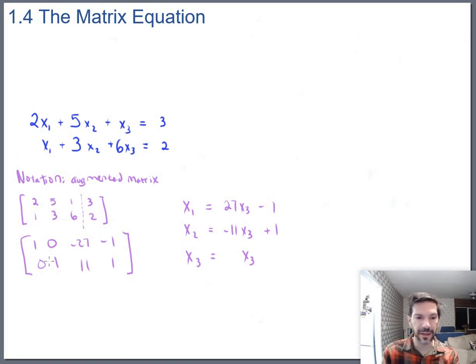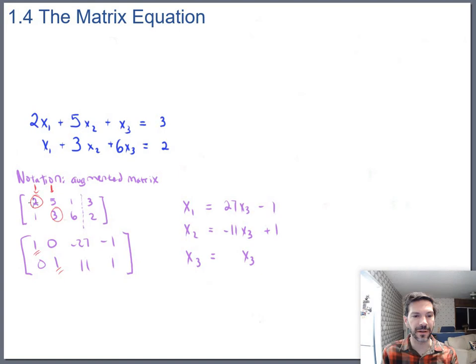Notice that we had two pivots. So the pivot positions are right there and right there on the original matrix, which gives us, of course, two pivot columns as well.